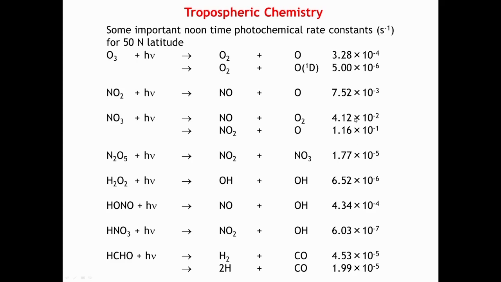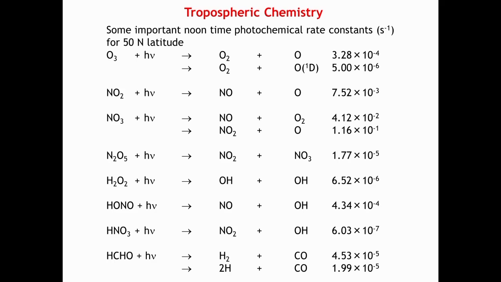So it's got a lifetime with respect to the first transition of about 25 seconds, and a lifetime with respect to the second transition of about 10 seconds. So its lifetime overall is less than 10 seconds, about 7 or 8 seconds on average in the troposphere. So how much NO3 will we have?